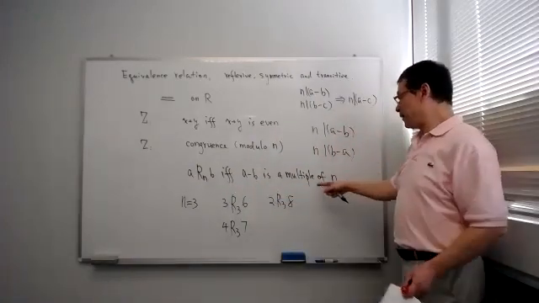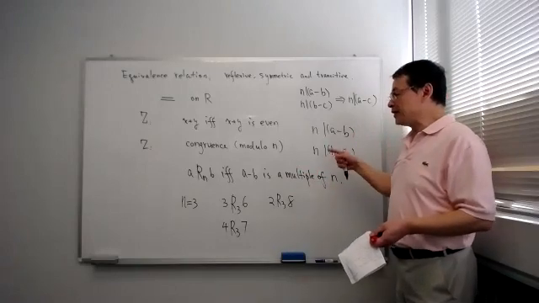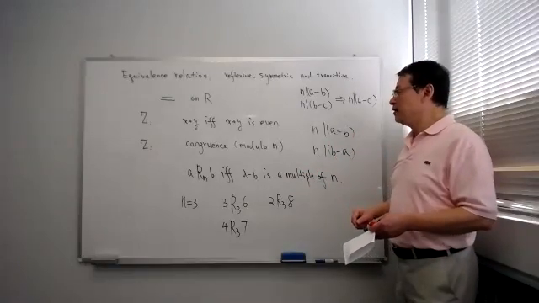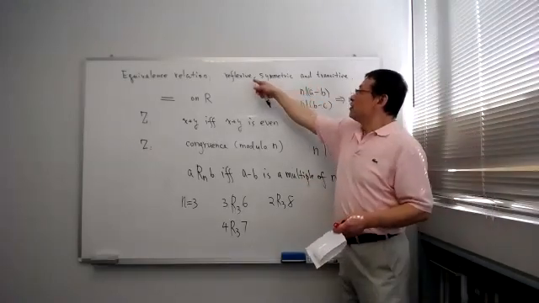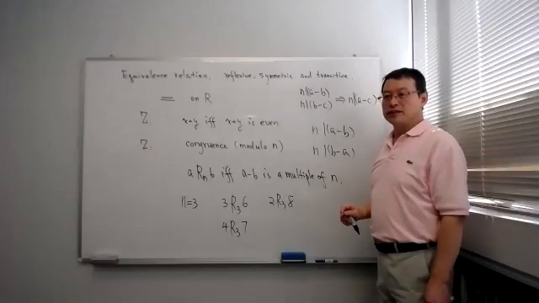So it's easy to see by looking at the remainder when the number is divided by n. So this relation is also reflexive, symmetric, and transitive. Therefore, it's also an equivalence relation.